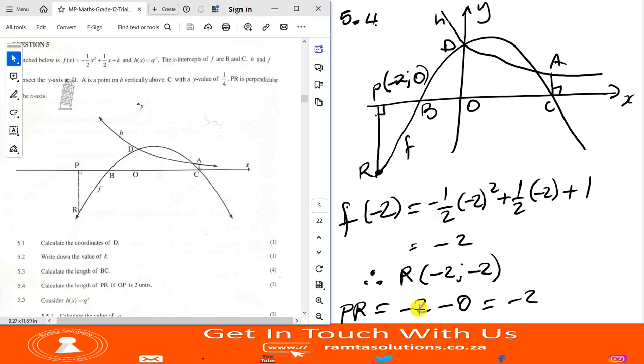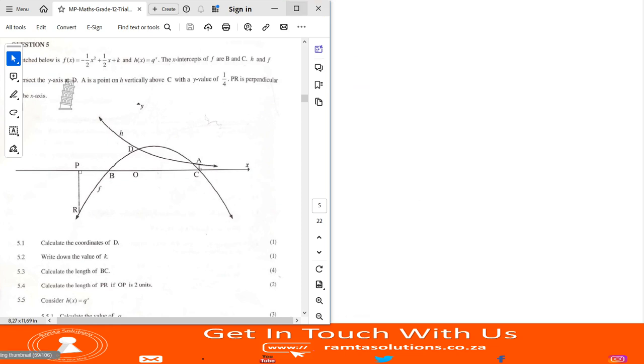Because this is a negative answer, we can't really say we have a distance that is -2. So we will say, therefore, PR is 2 units. That negative shows that it's going down.